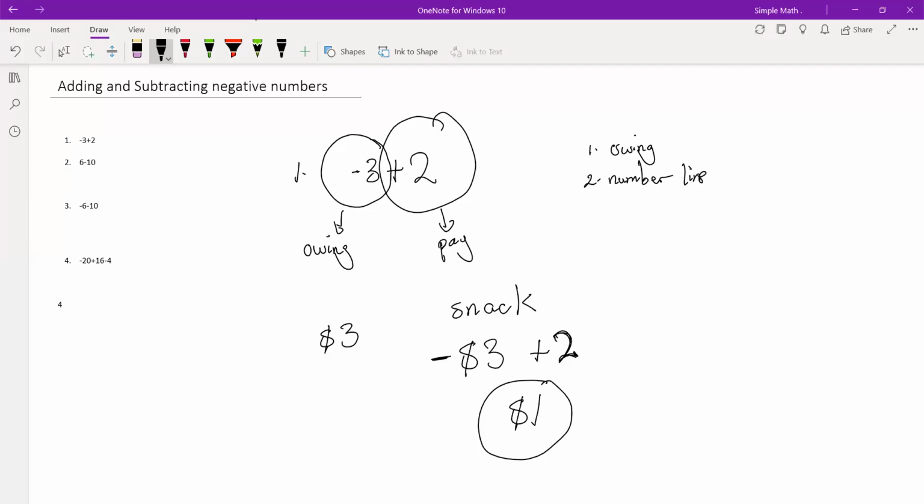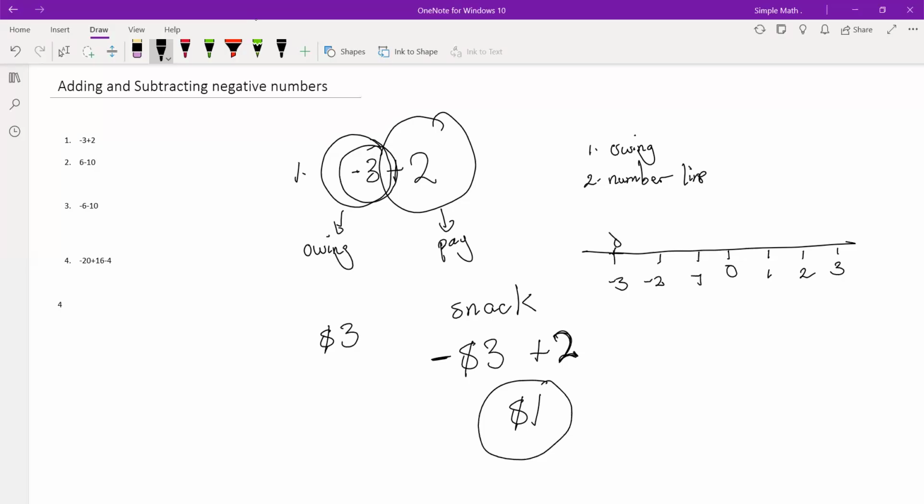Going to the number line again, I'll just draw something like this. Have zero. To the left of the number line, we have minus one, minus two, minus three, and to the right, one, two, three. Because the first number we're starting with is minus 3, we start from here.